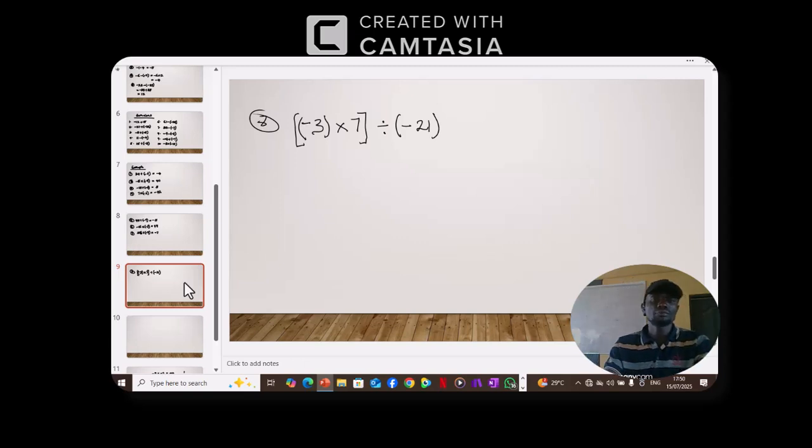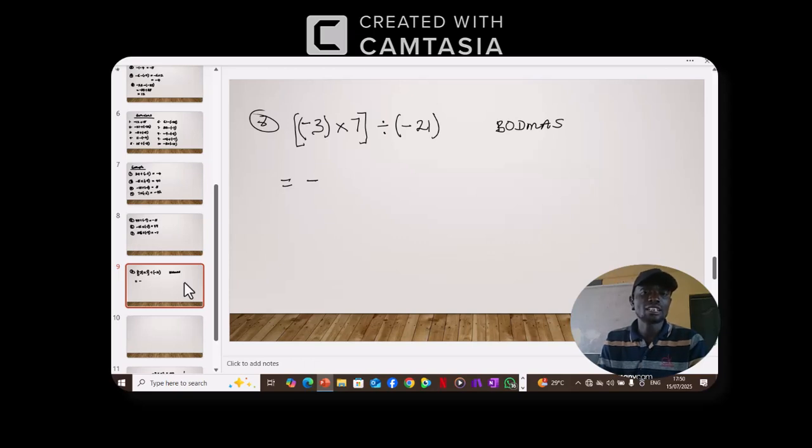Okay, let's solve this. You can see we still need to follow the order of operation here, BODMAS. You know it's bracket first. Let's clear this bracket first. In the bracket we have minus 3 times 7. The answer will be negative because it is negative times positive.